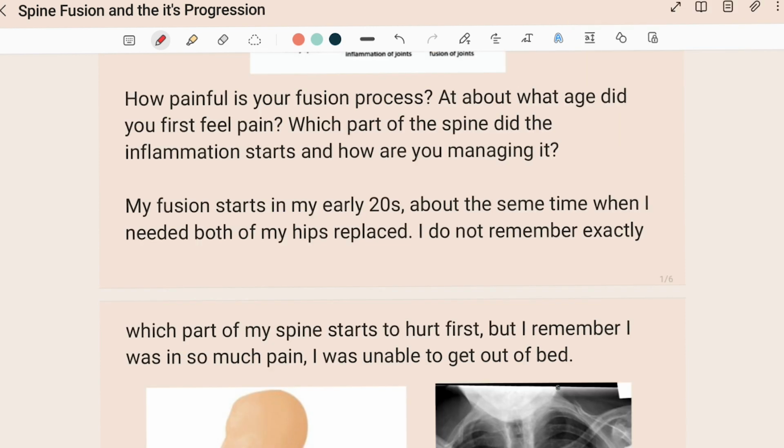So during the fusion process, how much pain is there? At what age did I start? Well, my fusion started somewhat in my very early 20s, at the same time I was having both hips replaced.